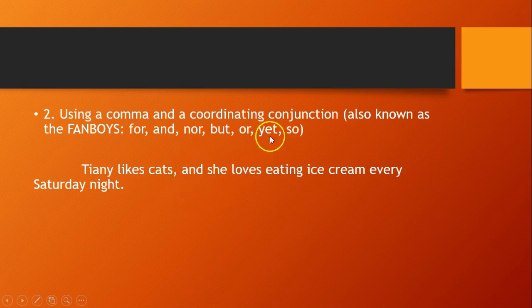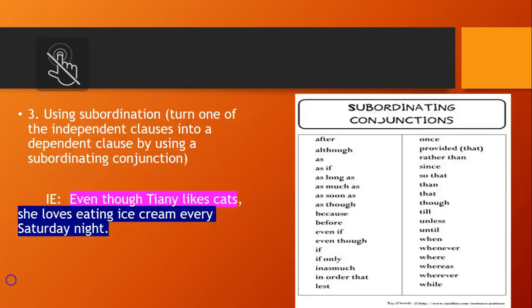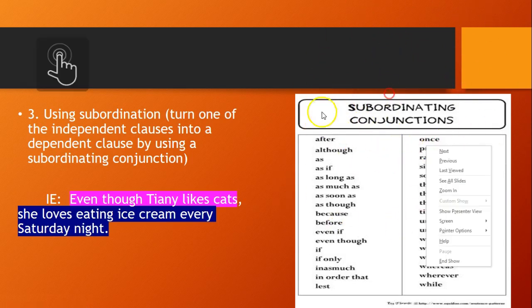before your coordinating conjunction. The third way to correct a comma splice is by using subordination. That means you will turn one of your independent clauses into a dependent clause by using a subordinating conjunction. Over on the right-hand side of the screen, you'll notice there is a list of subordinating conjunctions.